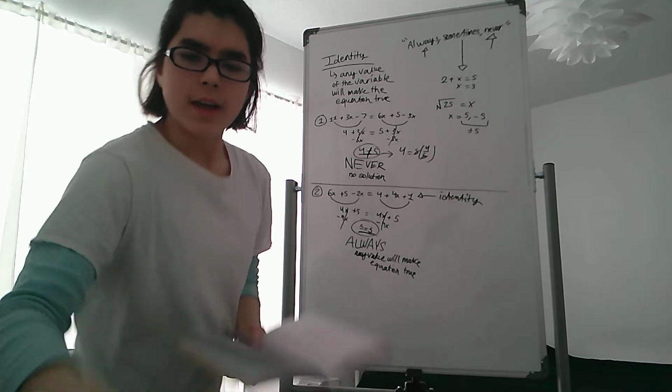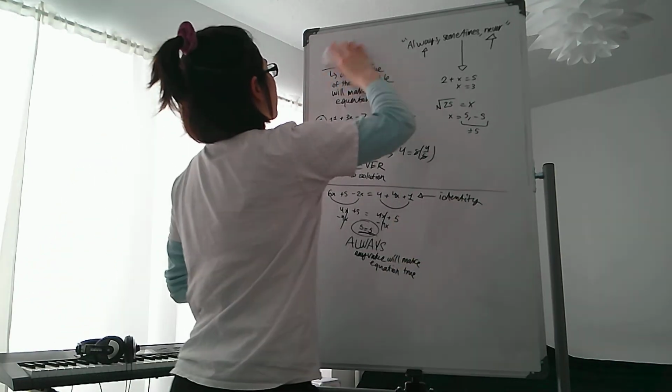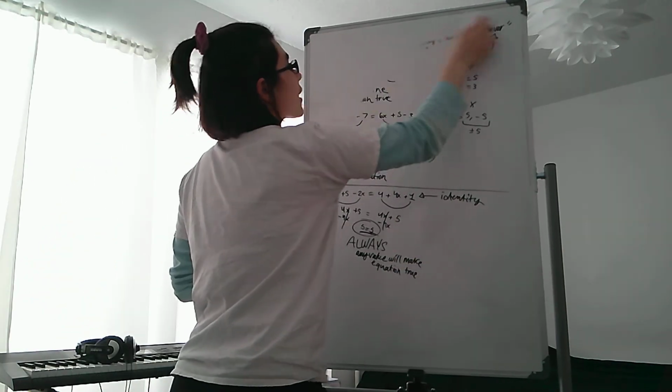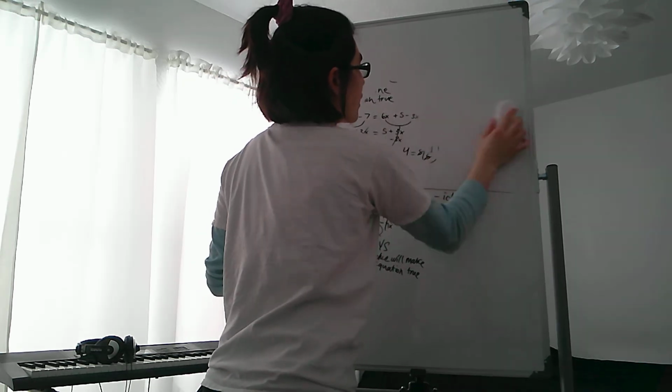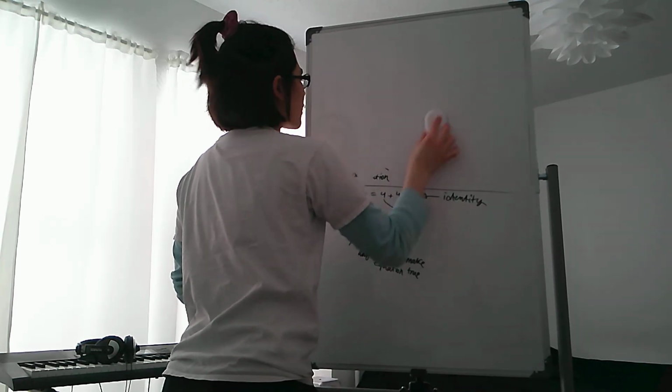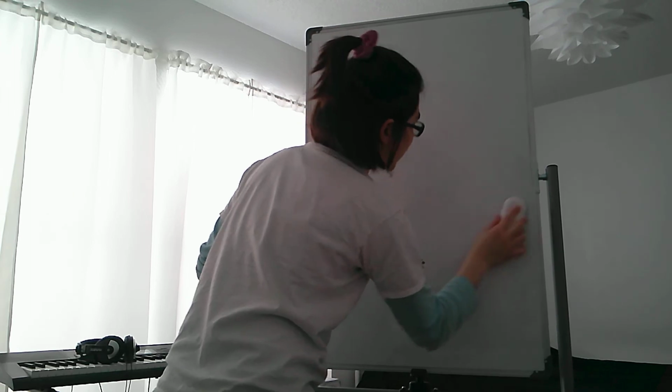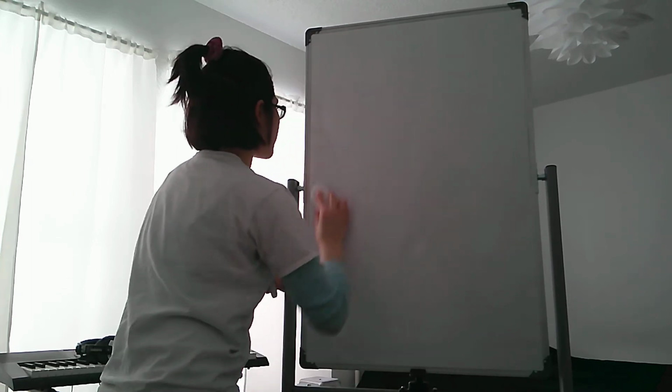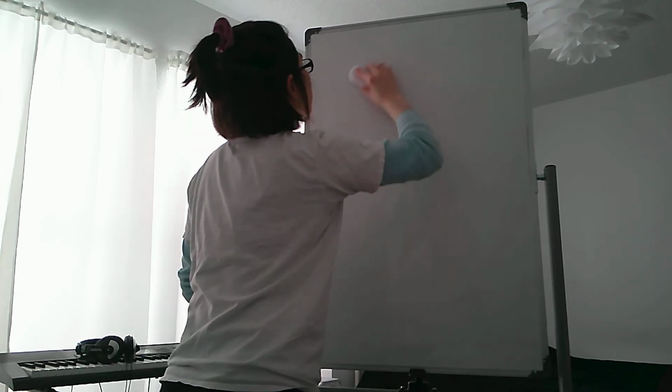Okay, I'm just gonna erase some of this stuff up here, because I think we're getting the gist of defining an always case versus a sometimes versus an identity. Now let's check it out with my last 2 examples.